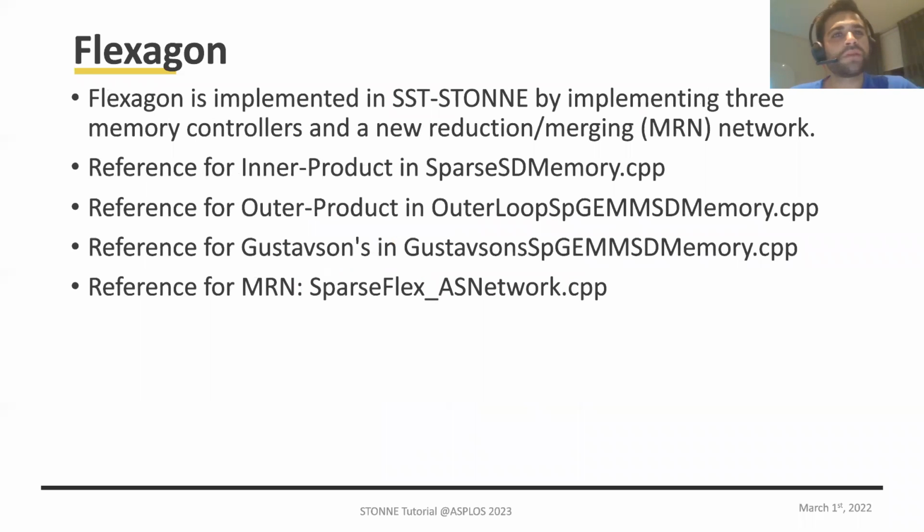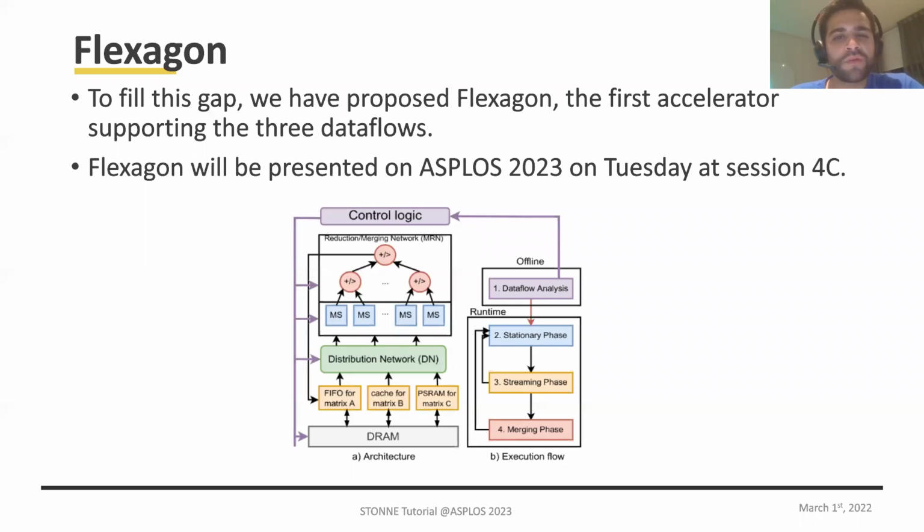So the thing is that evaluating Flexagon requires a good model of the memory hierarchy, because we really need to model the memory access patterns of each dataflow, right? Which is the critical part here.